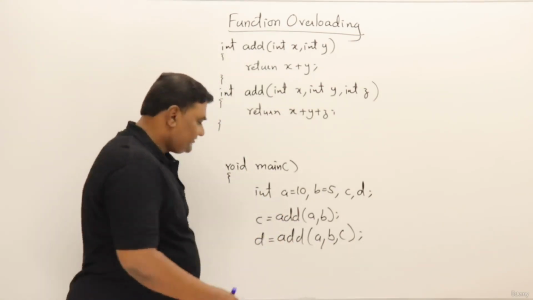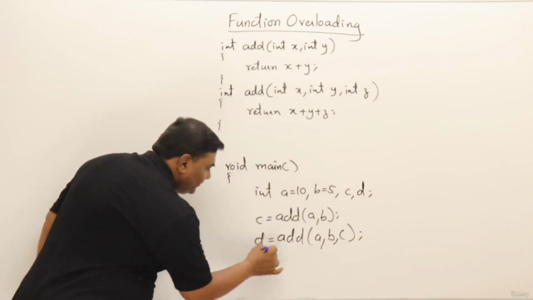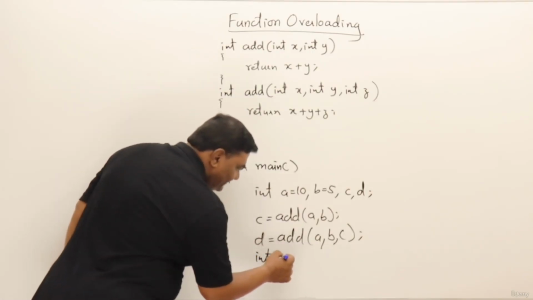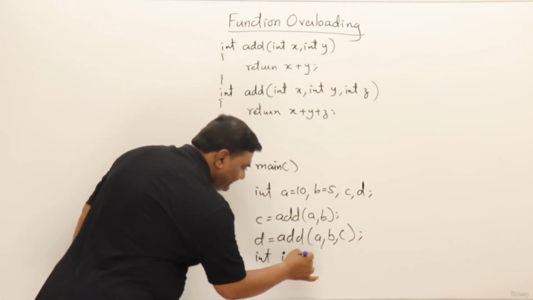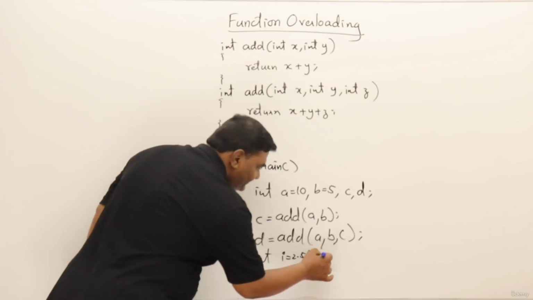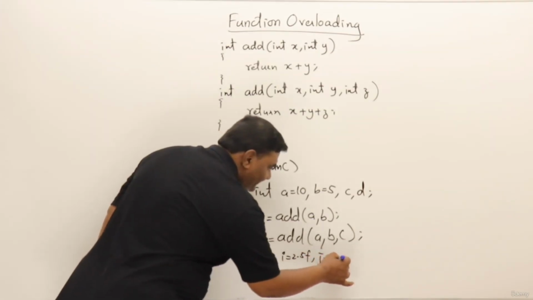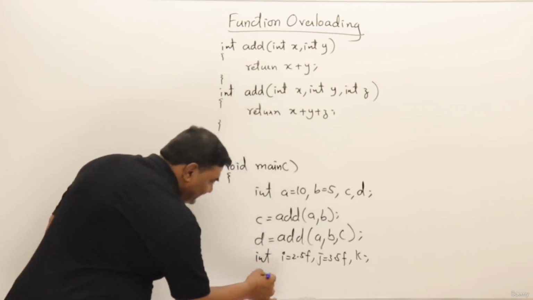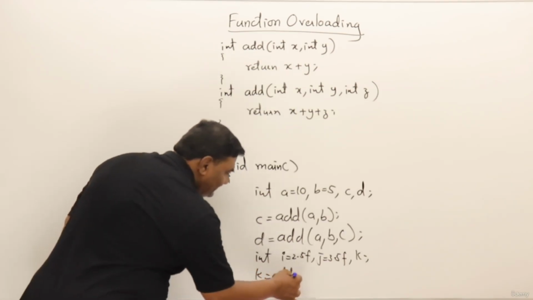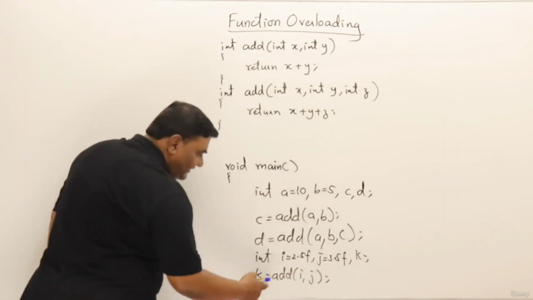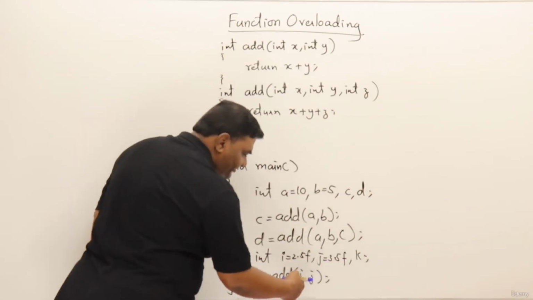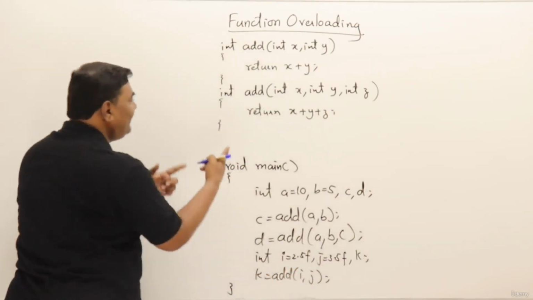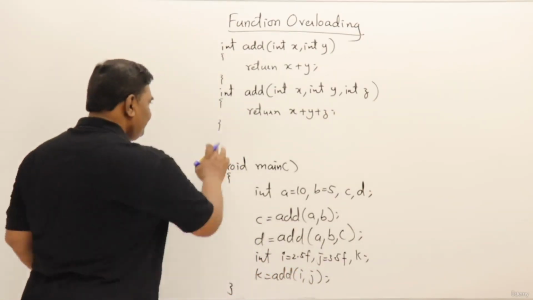Now one more example I'll show you. I have float numbers i 2.5f and j 3.5f, and k assigned add i comma j. I am calling the add function which is taking floats. Do I have it? No. Can I write such a function?